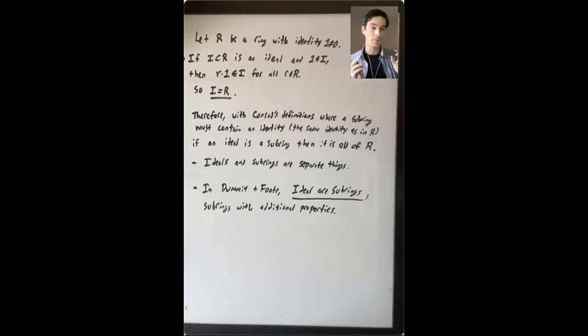But because I want to use Dummit and Foote for exercises for this class, I think it would be very confusing if I didn't present both of these perspectives in parallel. So going forward in your algebra lives, it's good to keep in mind that some people feel very strongly about subrings and ring homomorphisms having these additional properties as well. But I want you to be familiar with how things are presented in Dummit and Foote so that you're not confused by what homework problems are asking.